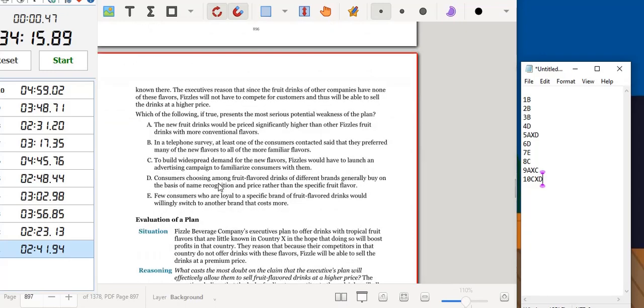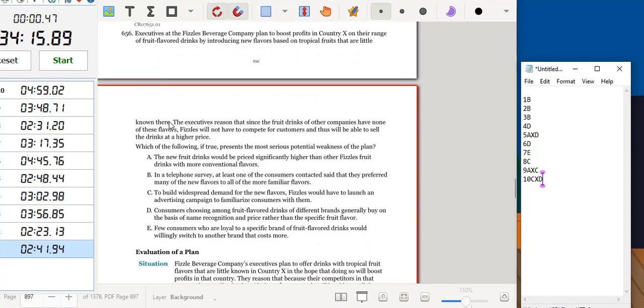They were introducing a new flavor, and the new flavor was different from any other flavors available in the market, and they said that the new flavor will not have any competition because the others are not planning to introduce the same, and therefore they will be able to sell more drinks at a higher price.